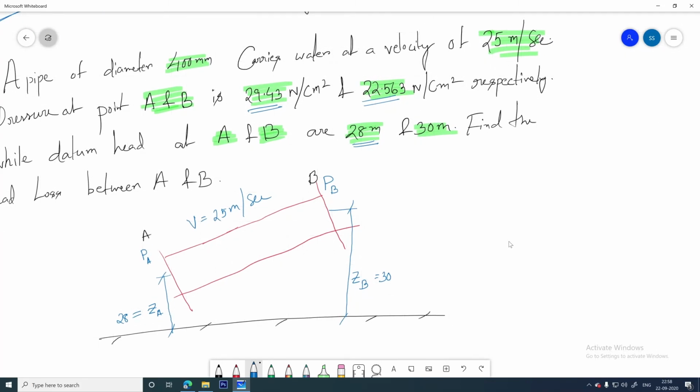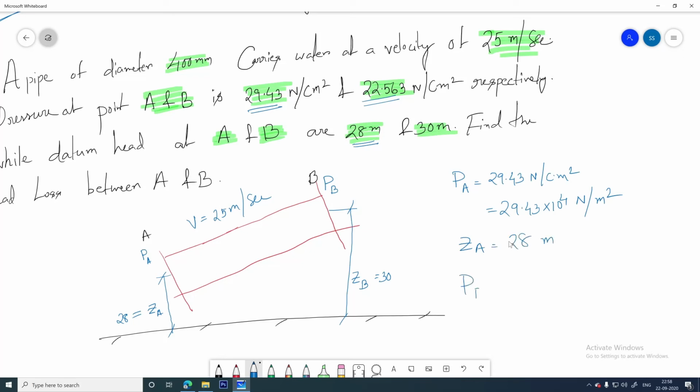So these are the data mentioned. We can write down the data over here as well. PA is 29.43 Newton per centimeter square. You can convert it into Newton per meter square, that is 29.43 into 10 to the power 4 Newton per meter square. Similarly, ZA is 28 meter.